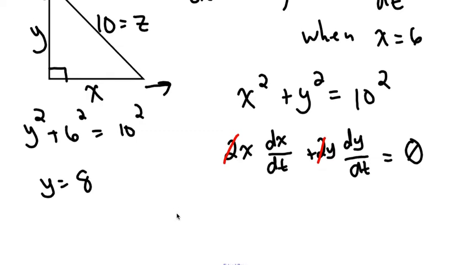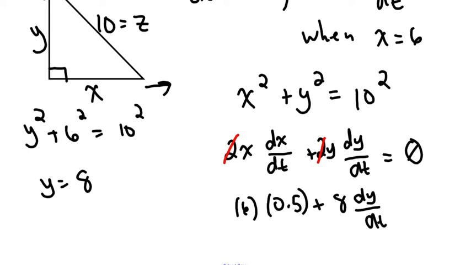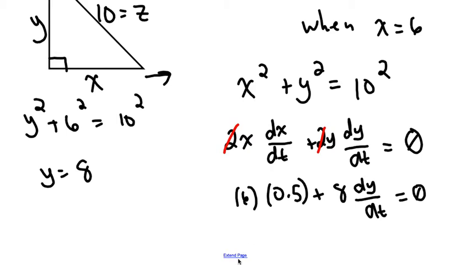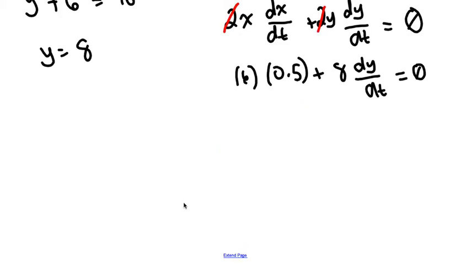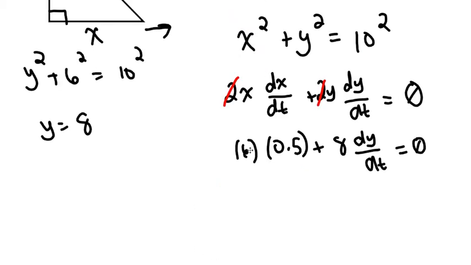So x is 6, dx dt was 0.5, plus y, we just solved for that, was 8, and dy dt is what we're looking for, equals 0. So 6 times 0.5 is 3, plus 8 dy dt.